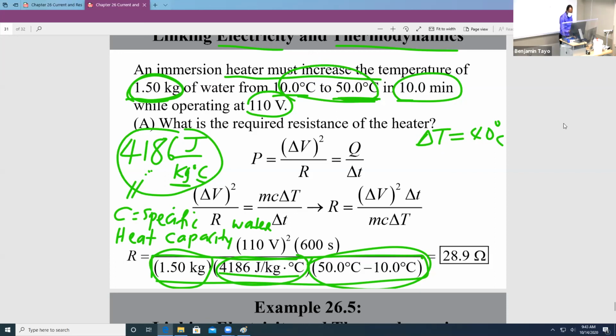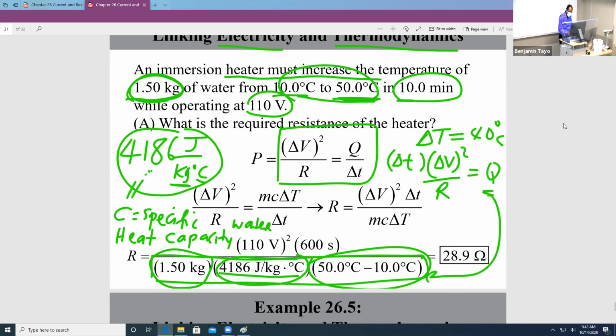So again, if you rearrange this equation, we're just saying that delta T times delta V squared over R must be equal to Q. Now Q is this total energy that we've just calculated here. My delta T is my 10 minutes, which is 600 seconds.